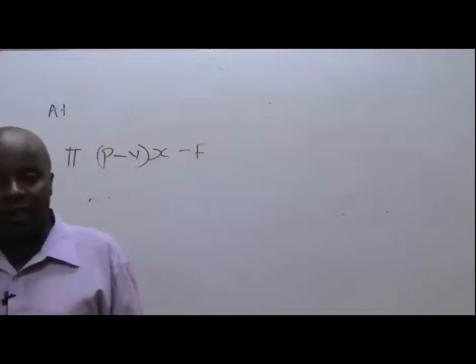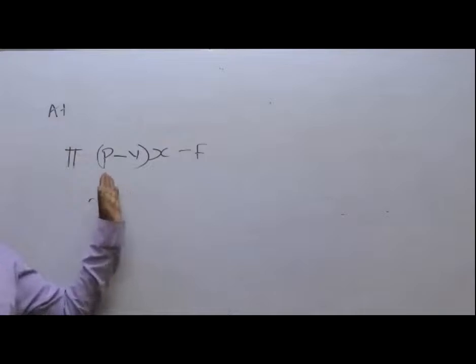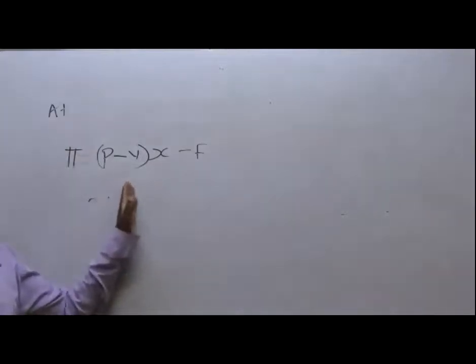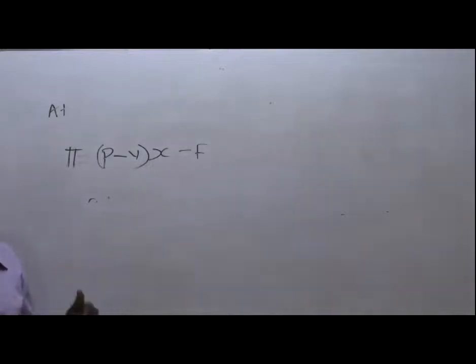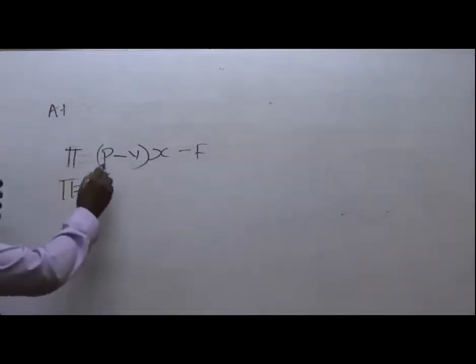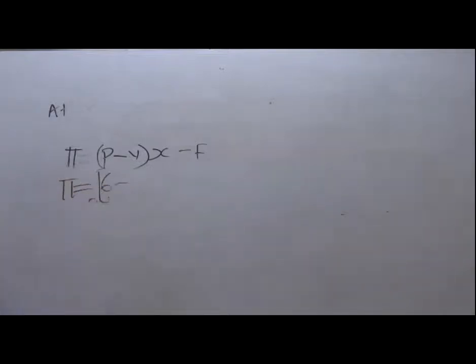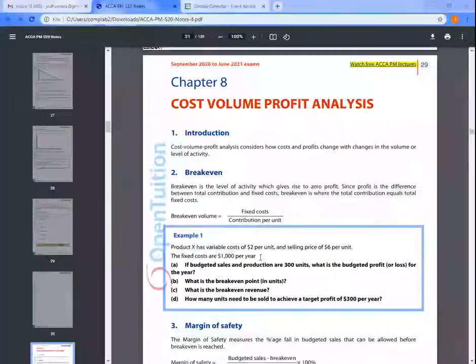And once I have my profit like that, P minus V is the contribution per unit, times the number of units, which gives us the total contribution, minus the firm's fixed cost. Here they've already given me the selling price, 6, and the variable cost, 2.